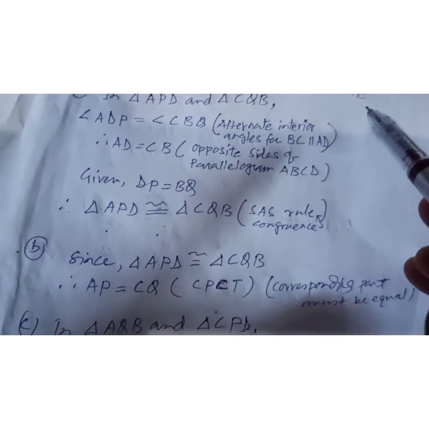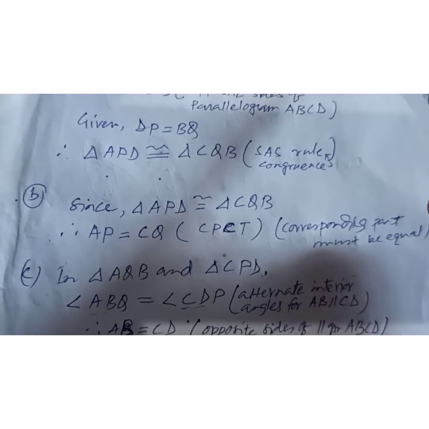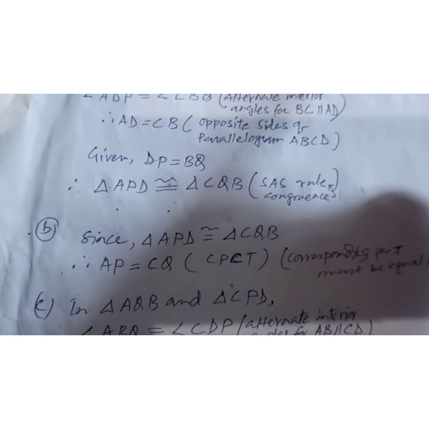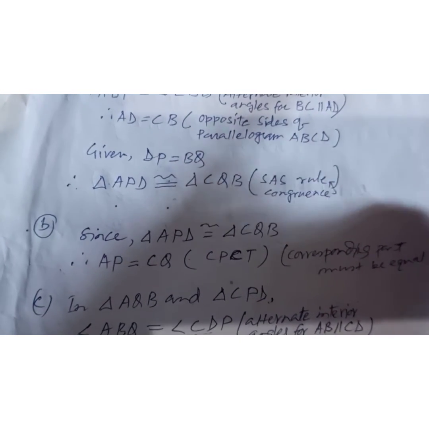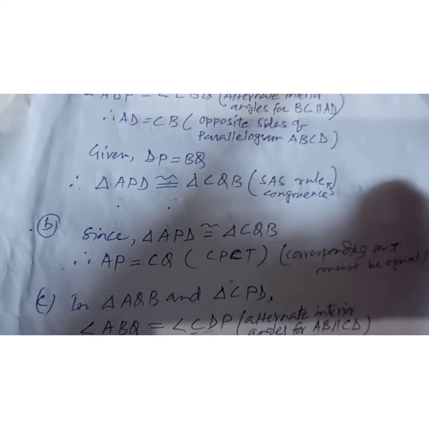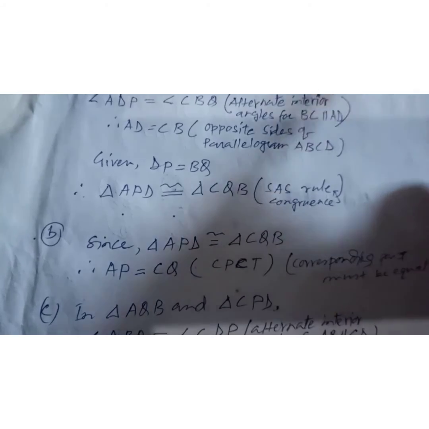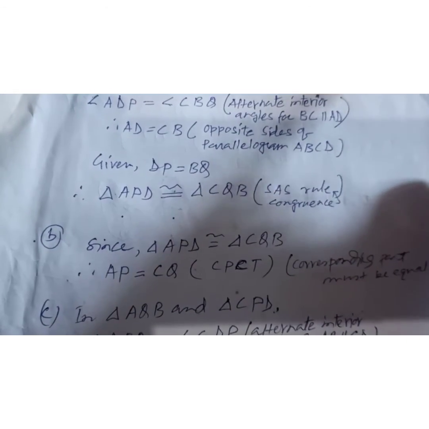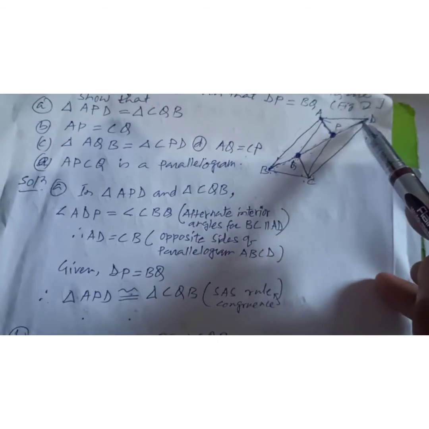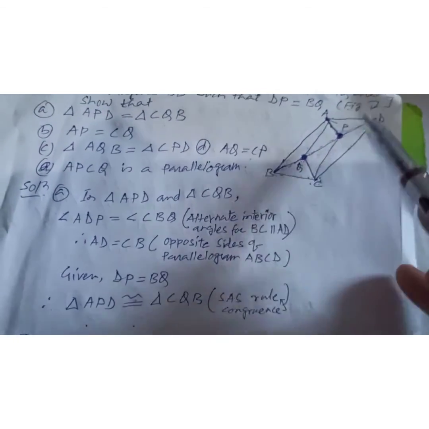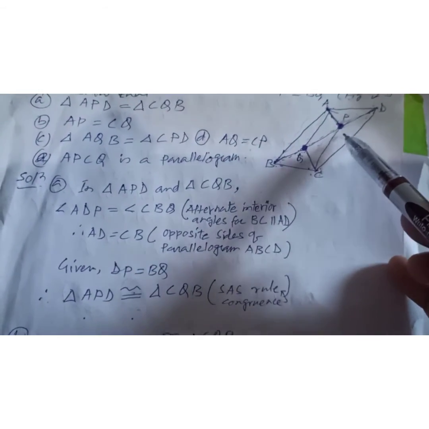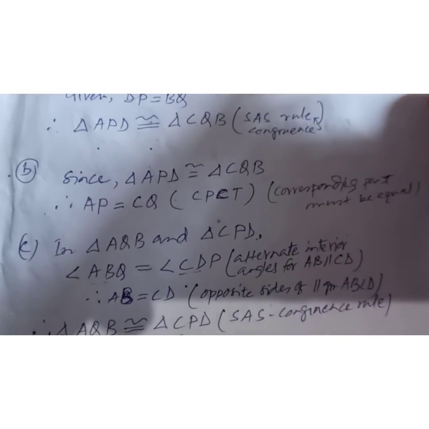So we compare triangle A, Q, B with its opposite C, P, D. This part is opposite this part, so you must compare with this one only, not that one. If you compare with that one, it will be a mistake. So don't make this mistake.